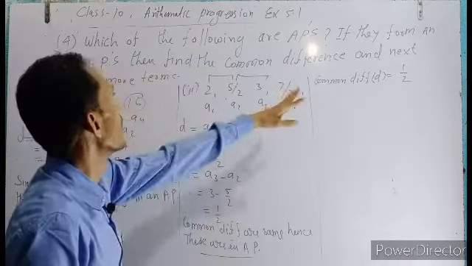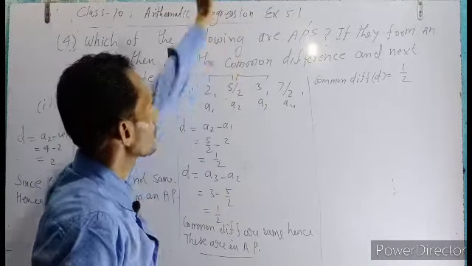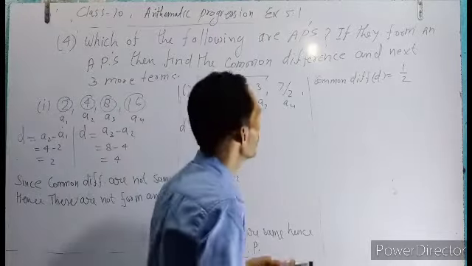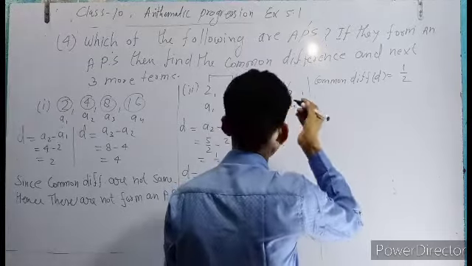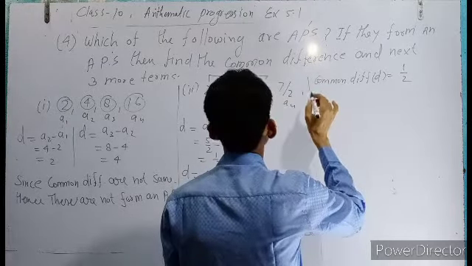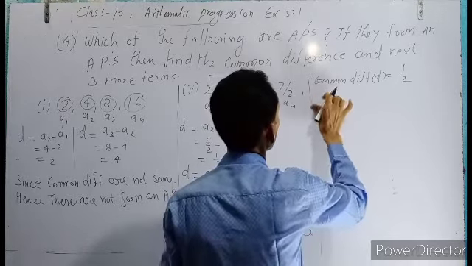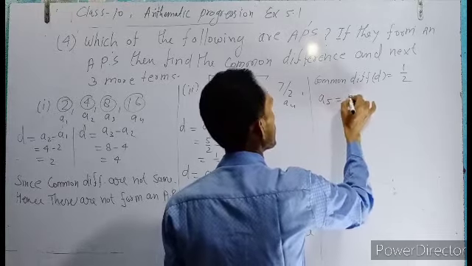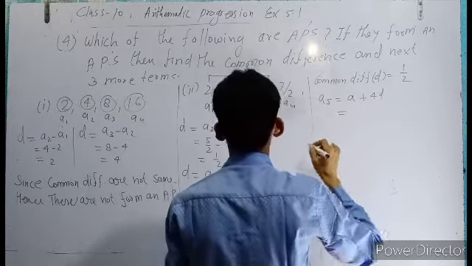Find the common difference, and next 3 more terms. So we can say that by adding the D, you can see A4, and you have to find out A5. A5 means A plus 4D. What is the first term?